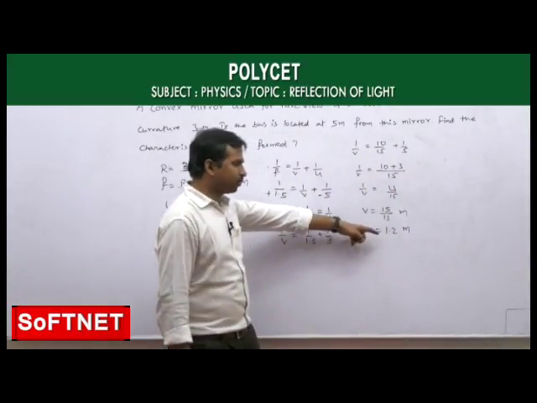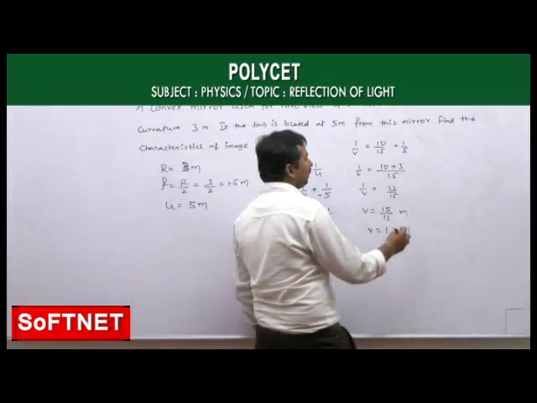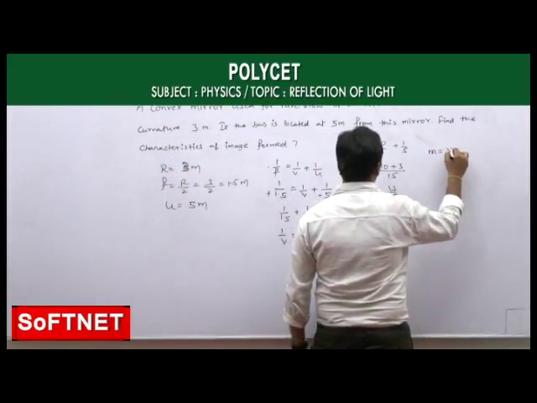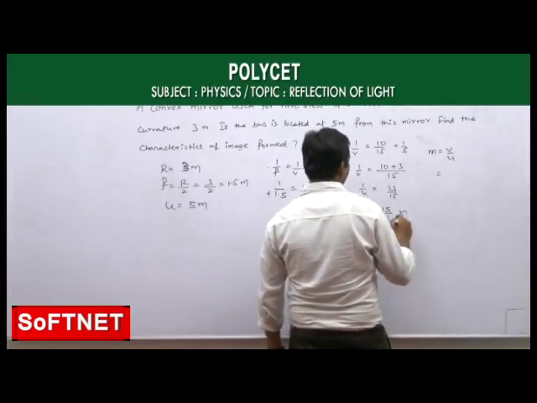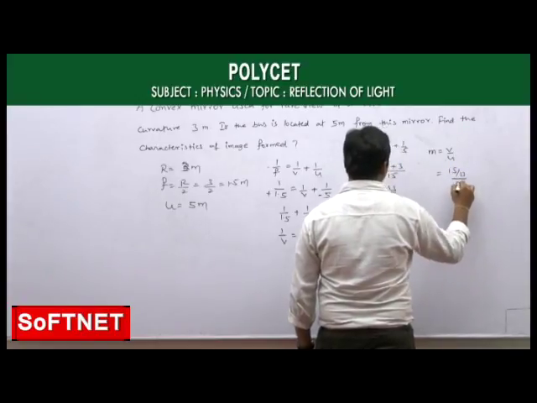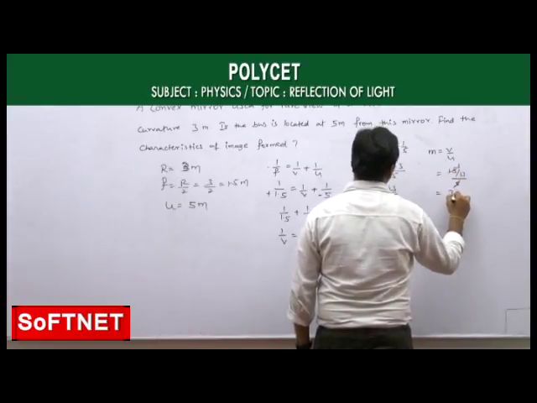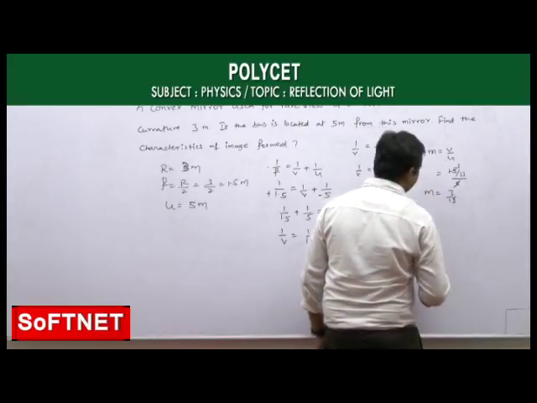And that we got positive. As it is positive, the image formed here is a virtual image. If you find the magnification, m is equal to v by u, then v is 15 by 13 over object distance 5, which gives a magnification value of 3 by 13.